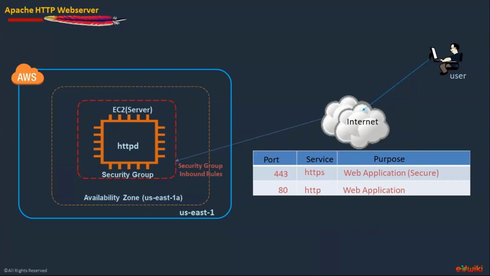In this case, HTTPD is the daemon, or the service, running on the EC2 server that is responsible for listening on port number 80, and whichever request comes in will be taken care of. HTTPD is the service which offers the web application to the user.